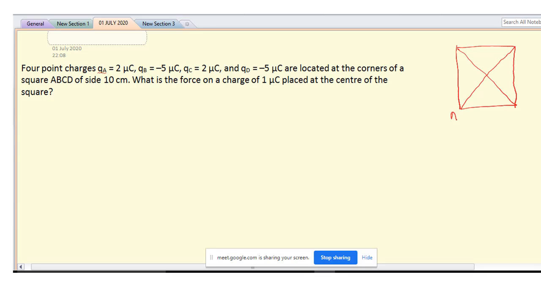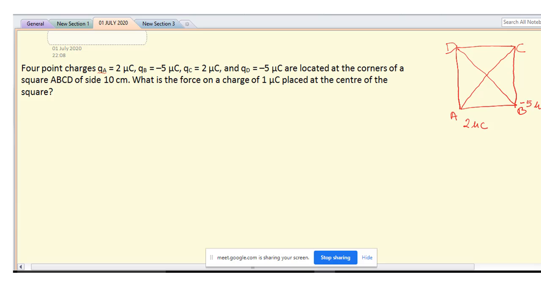This is A, B, C and D. Here the charge is 2 microcoulomb. Here the charge is minus 5 microcoulomb.